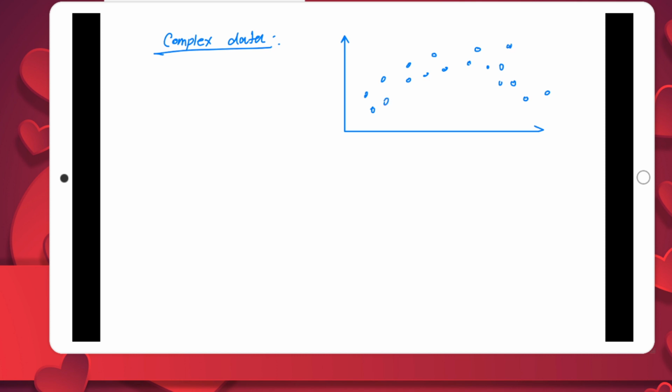Let me first write here: let's say we have price and house area. If we fit a simple linear line here, then we will get something like this.